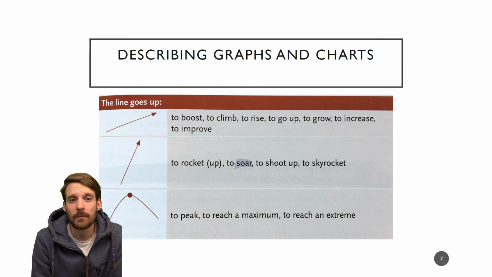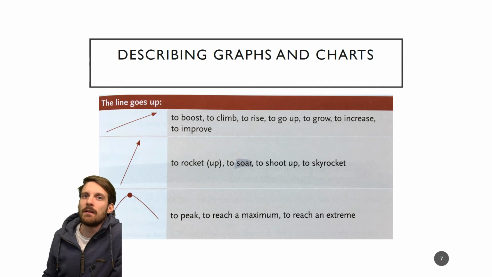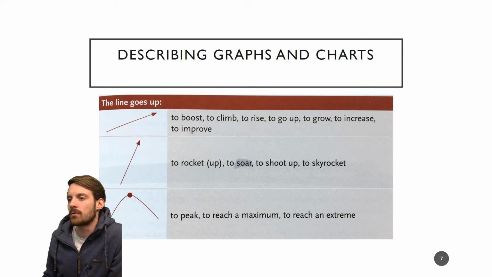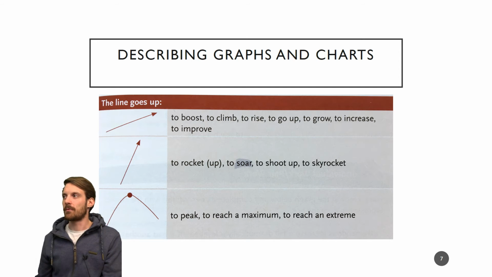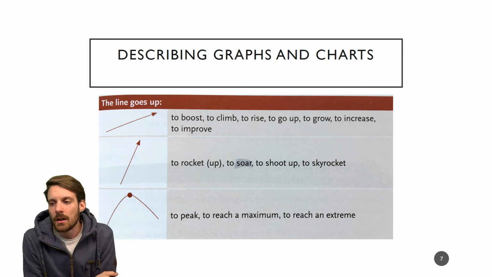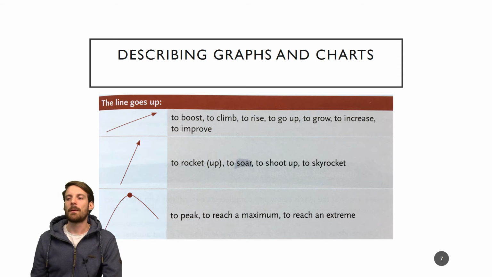But if something increases very fast, something can rocket up, or soar, or shoot up, or skyrocket. Those are terms you should use if something increases in a fast way. Or of course something can peak. So a peak of a mountain, remember it.